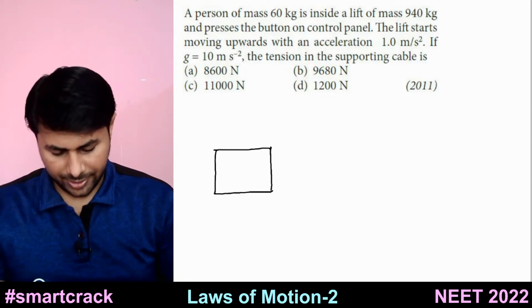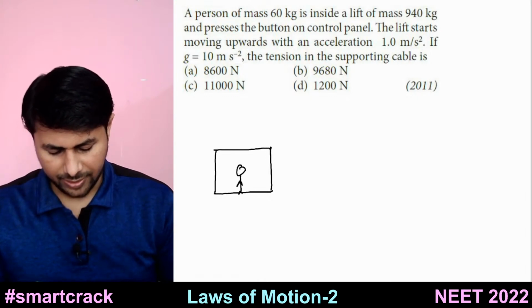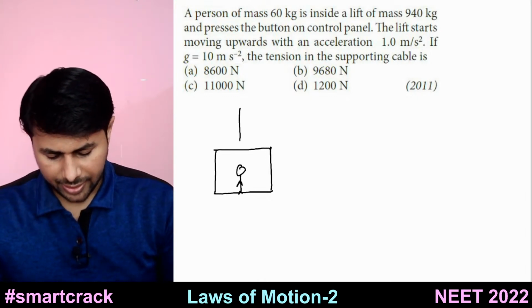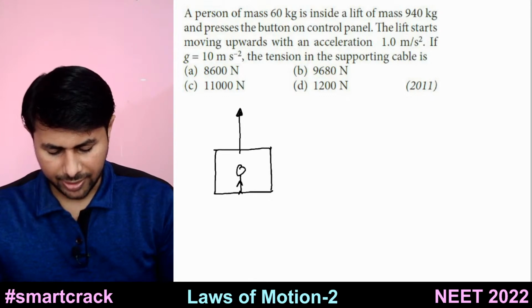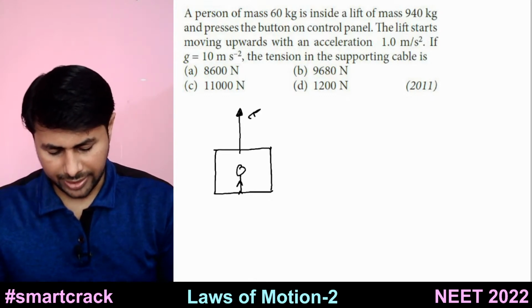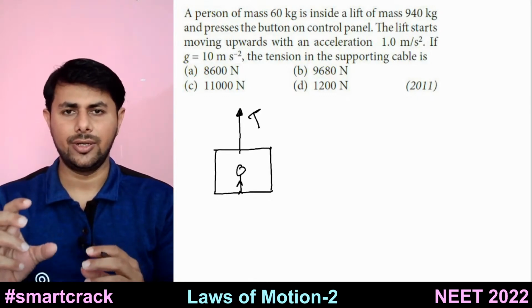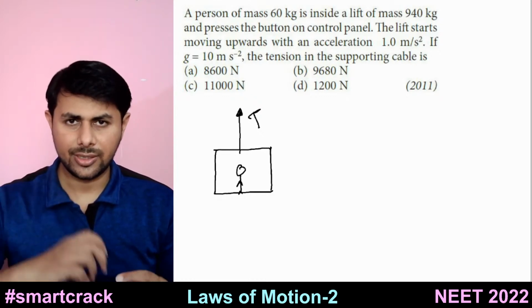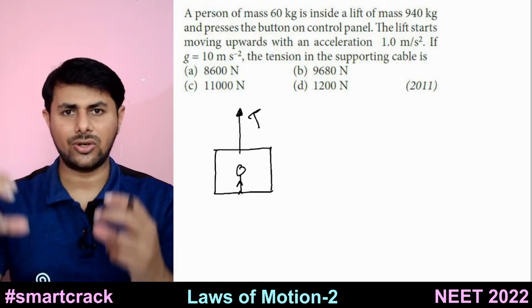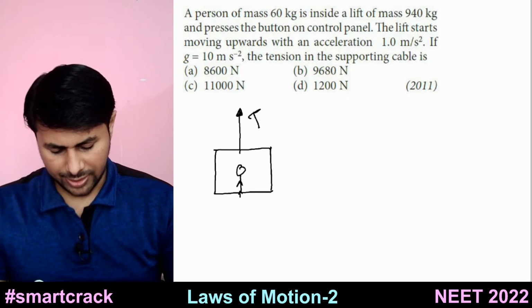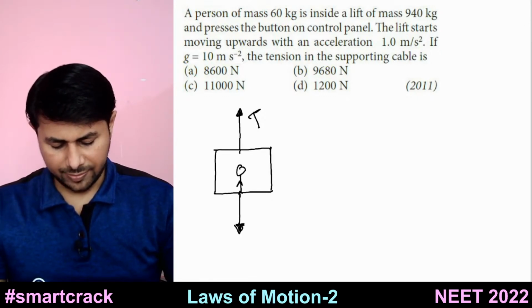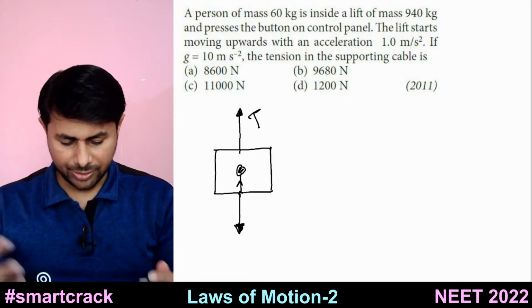You have this lift, there is a person inside the lift, and the lift is supported by a cable. There will be some tension in that cable, due to which the lift moves upwards or downwards with some acceleration. There is the total weight of this person and the lift, so that's what we have to consider.